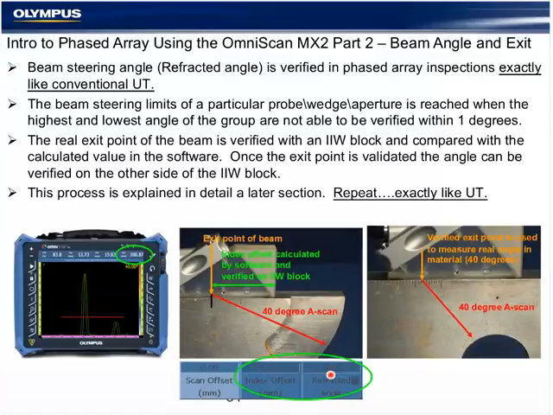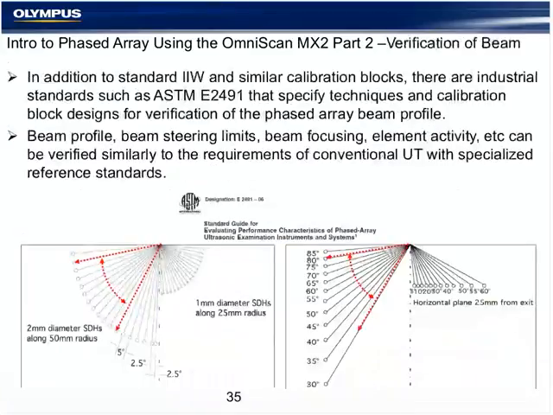This is the same function as conventional UT, and there are procedures for this in the MX2 training program that are included in the download of the material for this webinar.